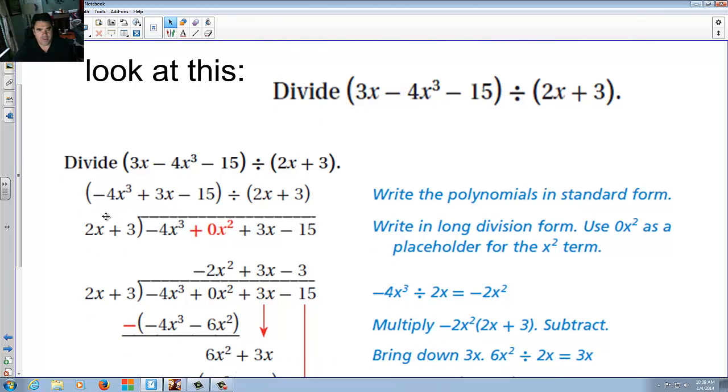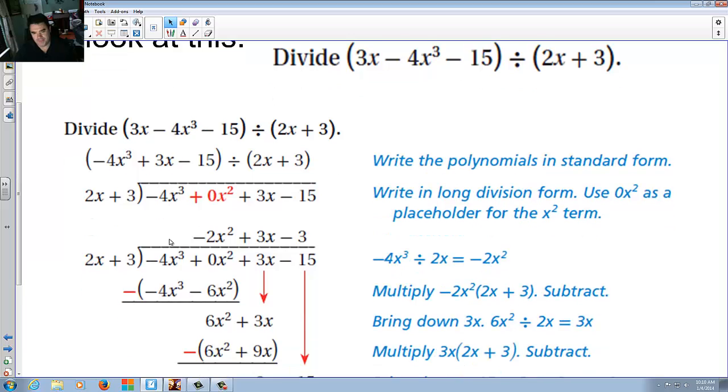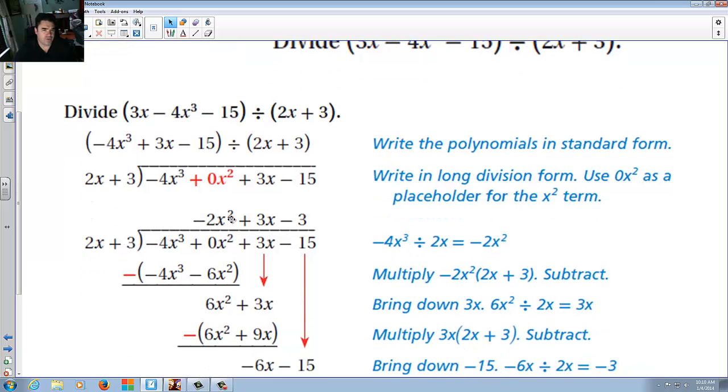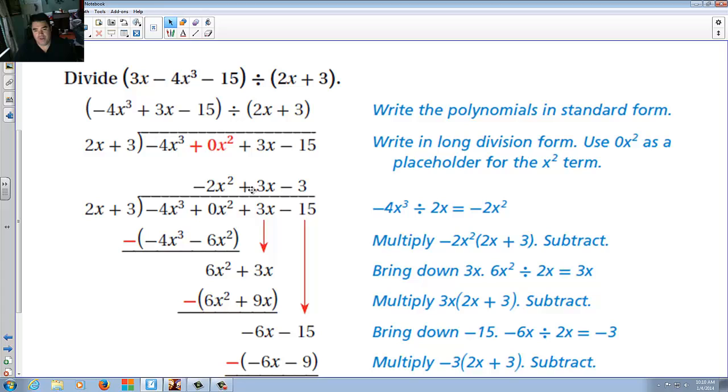2x squared times 2x is going to be, negative 4x cubed, so on. So negative 2x squared times 2x is negative 4x cubed. Negative 2x squared times 3 is negative 6x squared. Flip the signs, cancels. Positive 6x squared. 3x comes down. And then you go ahead and take times 3x to all this. 6x squared plus 9x.